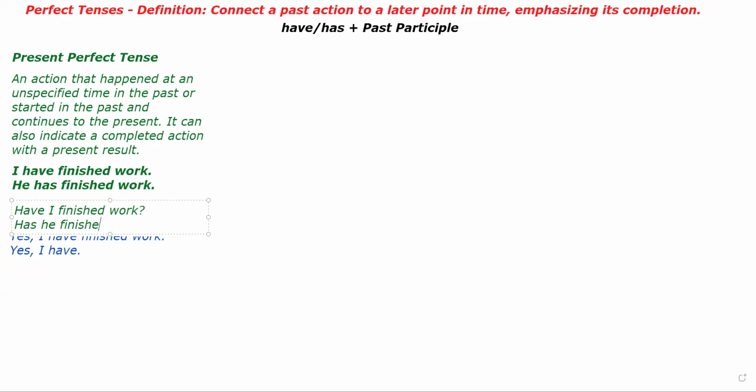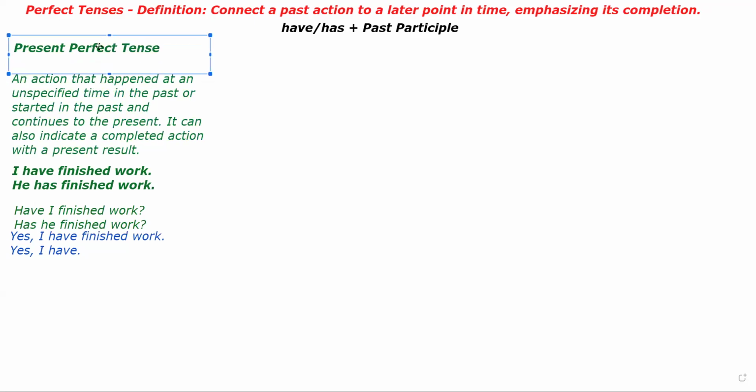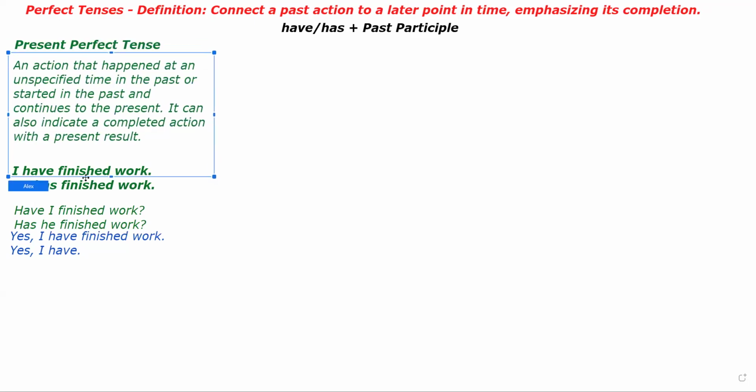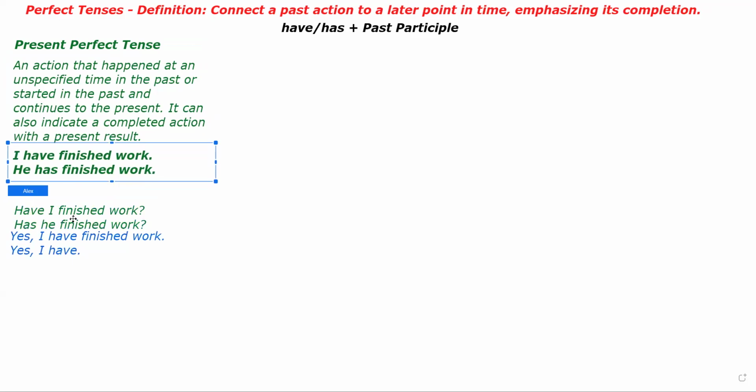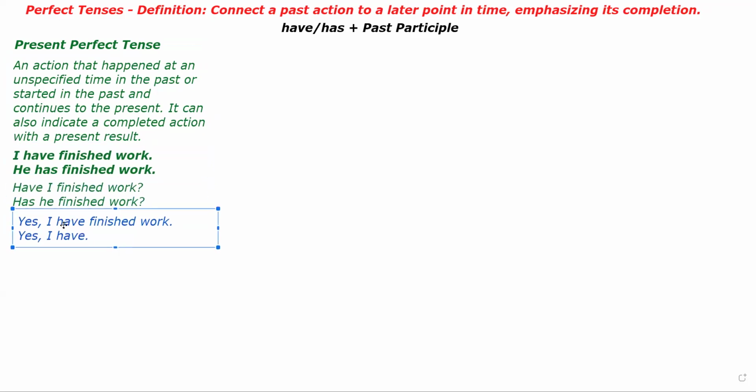Those would be the affirmative answers. Let's put this just a little higher. We're going to need as much space as we can. Has he finished work? So what would be the affirmative answer? Yes, he has finished work. Or yes, he has.